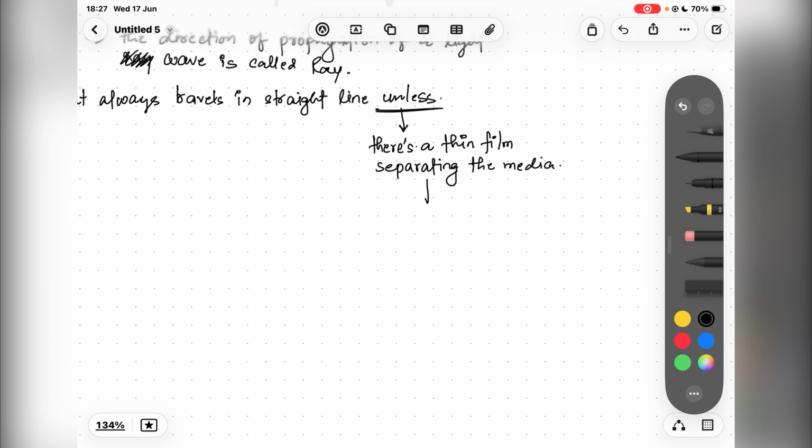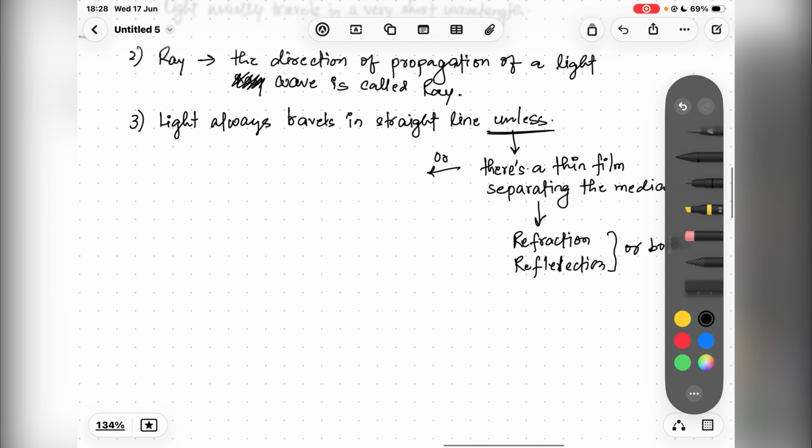At that place refraction or reflection or both could happen, or there is an obstruction in the medium.